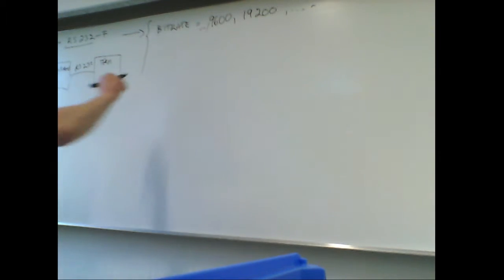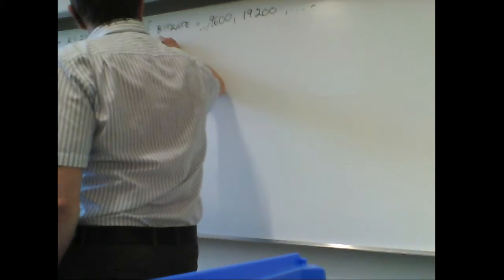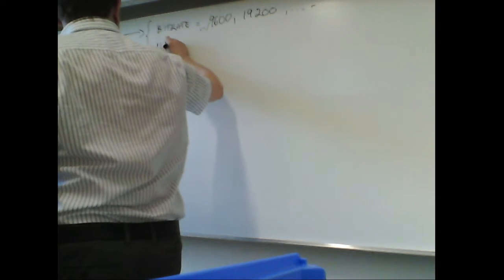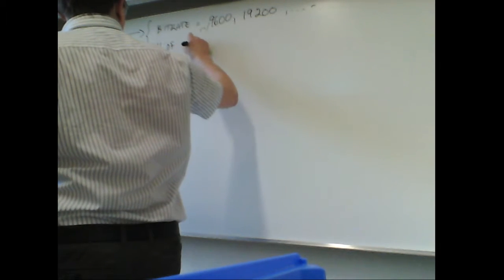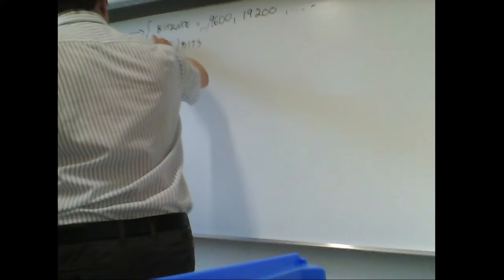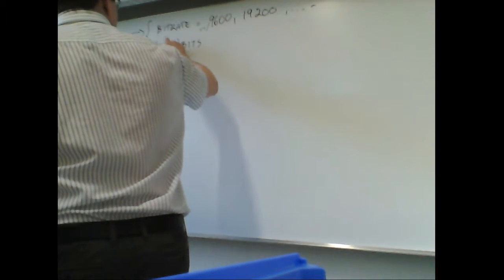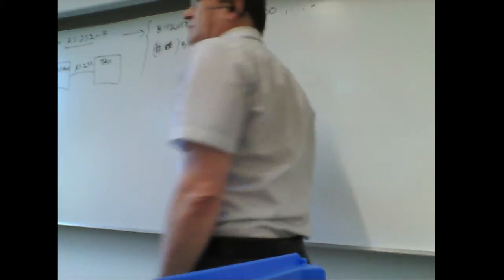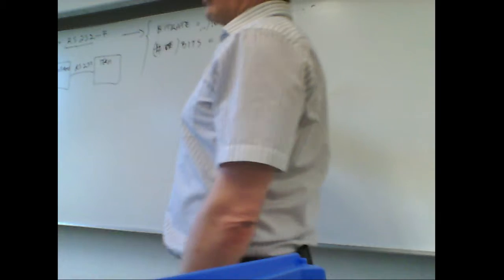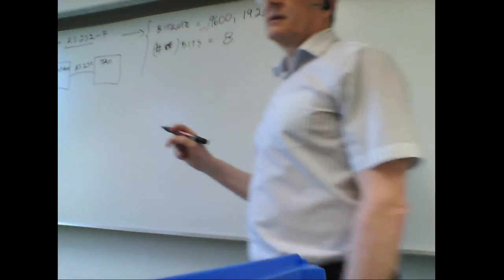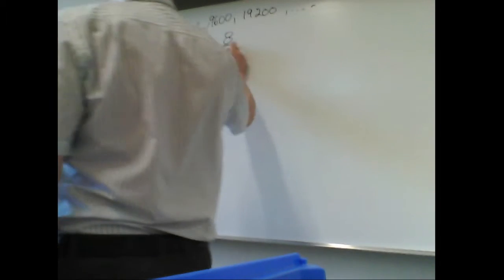You need to wait. Okay, so bit rate, then number of bits. Usually 8, but it can be also smaller than that. 8 or 7, depending, but that's most common.